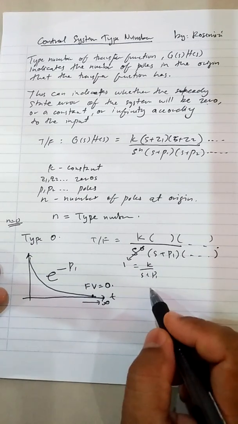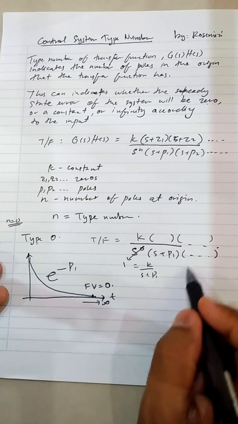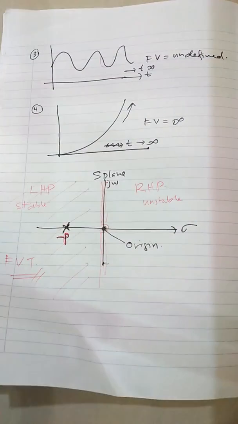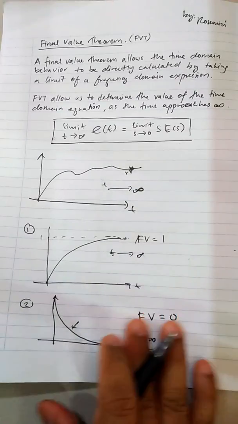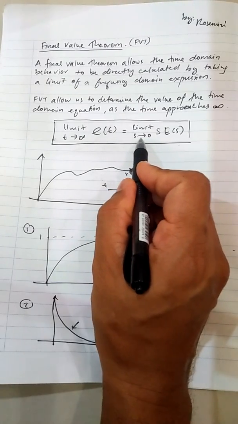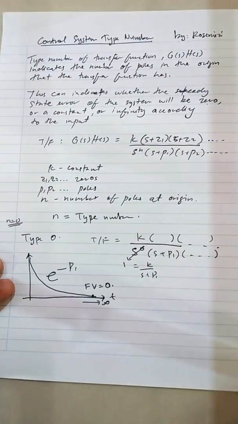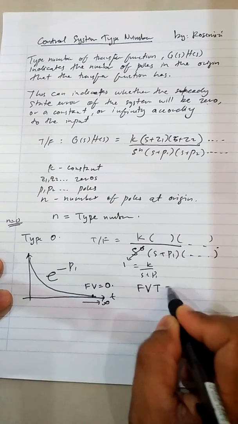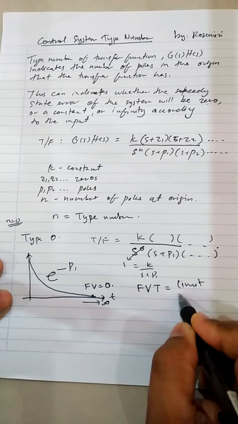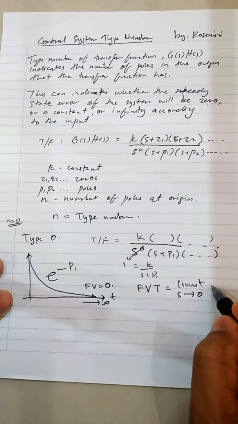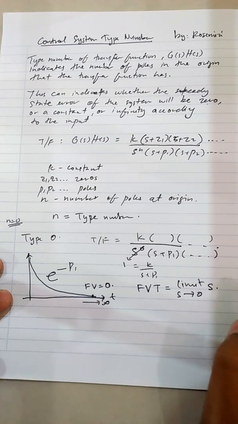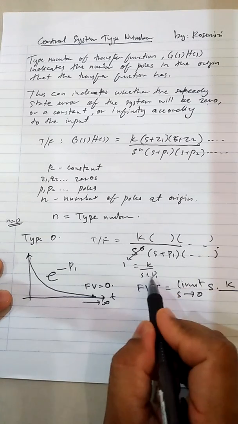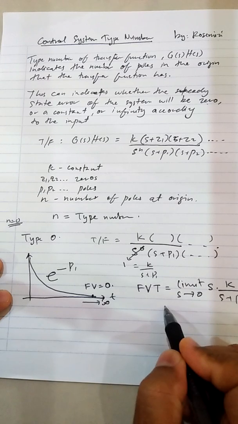We can also derive this mathematically. From the previous lecture, the final value theorem is limit as s goes to 0 of s times E(s). So now we study the final value theorem: limit as s goes to 0 of s times K over (s+P1).